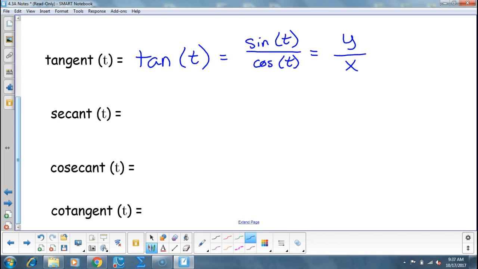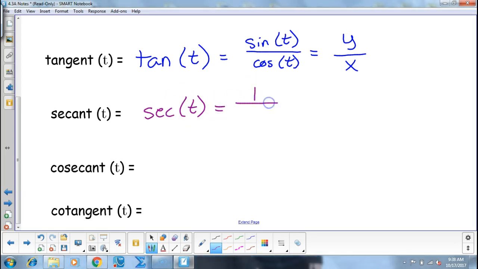So cosine goes with secant. The secant of t is equal to SEC of t, that's the abbreviation, and it's 1 over the cosine of t.